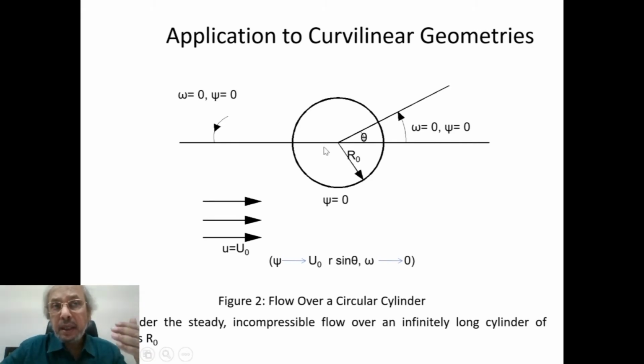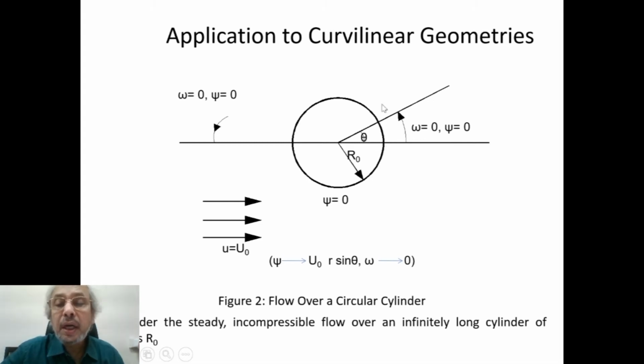At any cross section of the cylinder we can get the solution plane, and on that the solution is valid. And on this line, since this is a symmetric line, psi equal to 0, omega equal to 0.